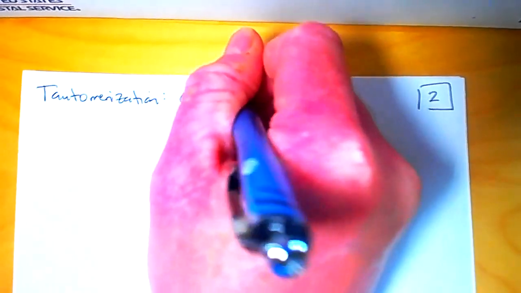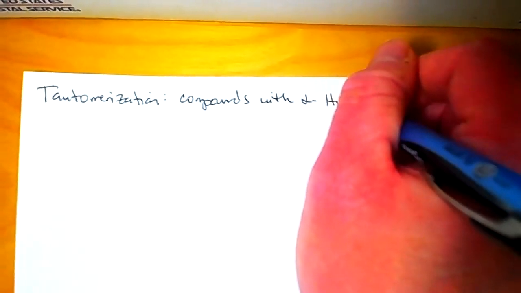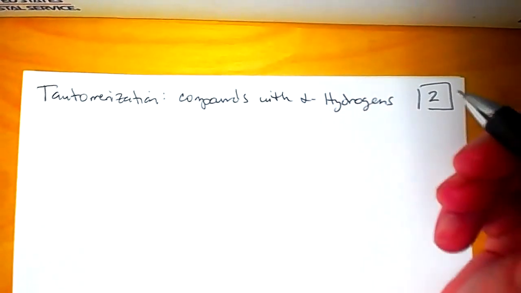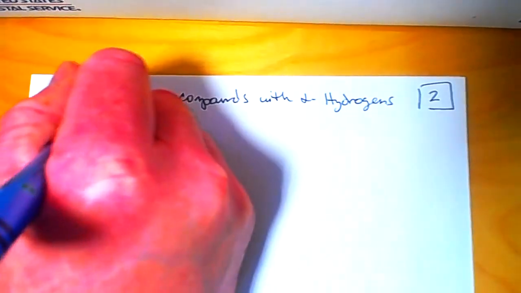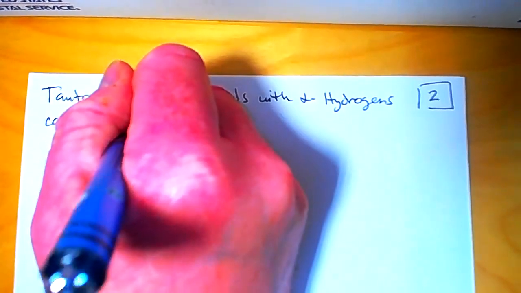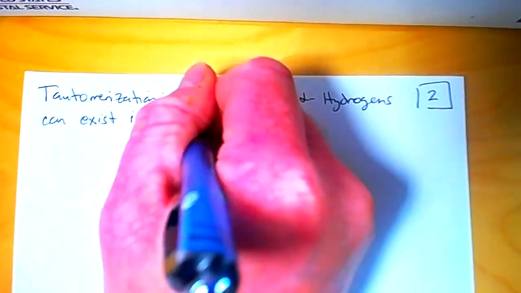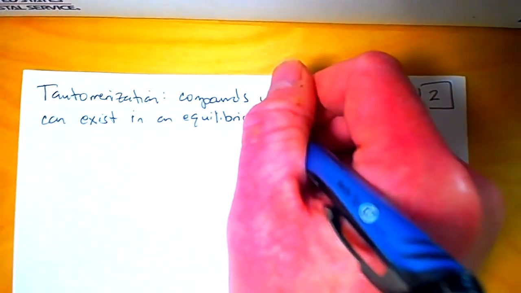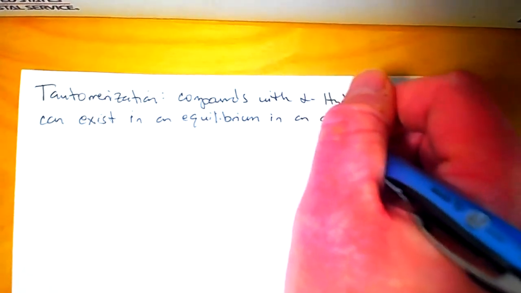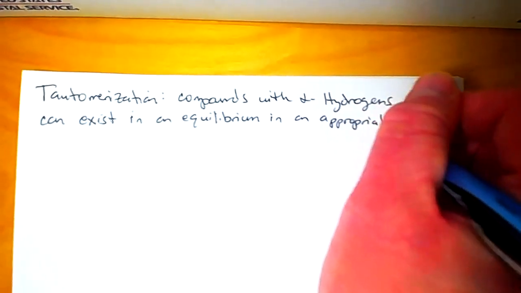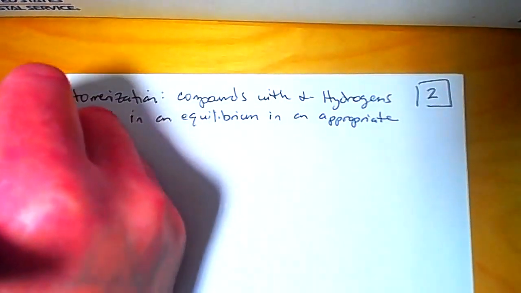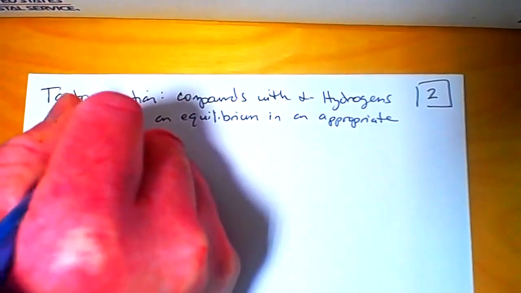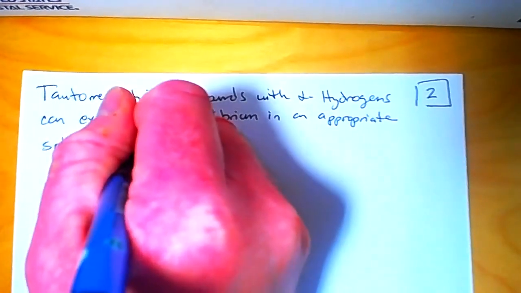So tautomerization is where compounds with alpha hydrogens can exist in an equilibrium in an appropriate solvent with their enol forms.